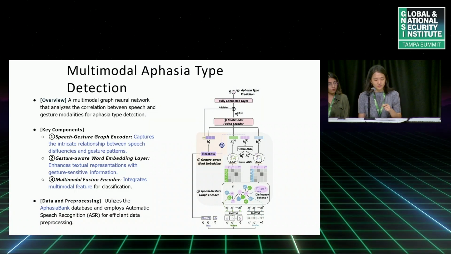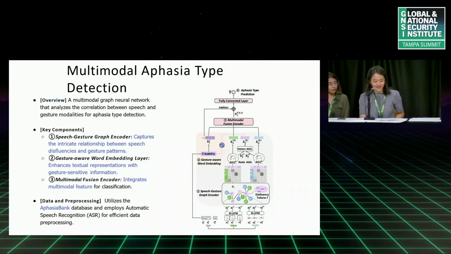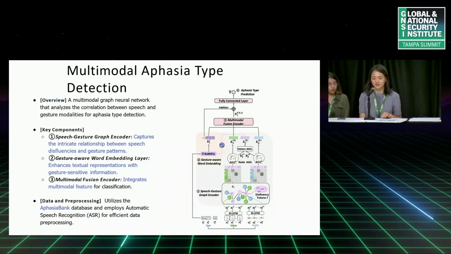I think it's better to explain my model after the poster session. Here we use the Aphasia open database, and we employ an automatic speech recognition system for effective data processing.